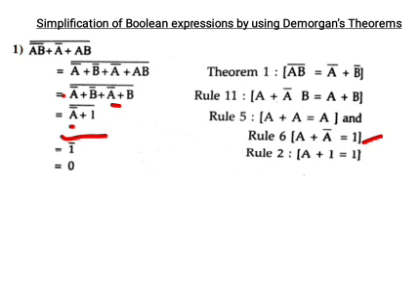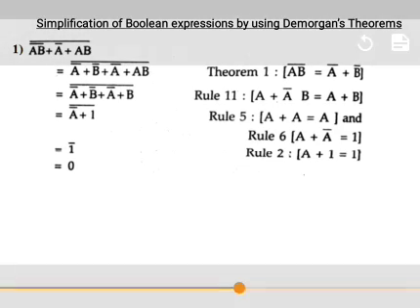A plus A' equals 1. So, 1 complement equals 0.